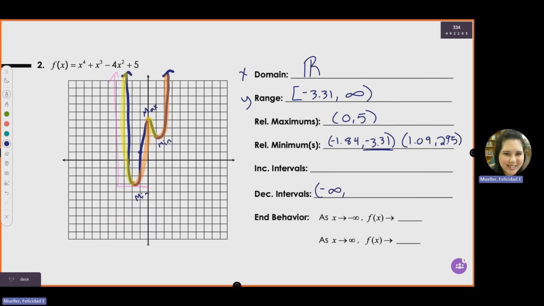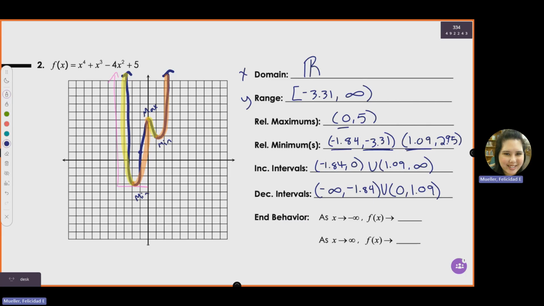And my first turning point is at -1.84. From -1.84, it is increasing until we get to 0. So from 0 until my next turning point at 1.09, it is decreasing, but from 1.09 to infinity, it is increasing.